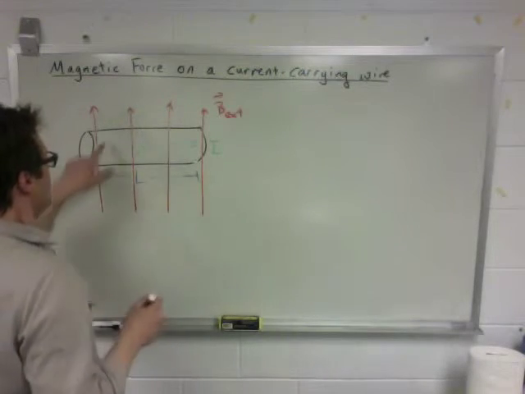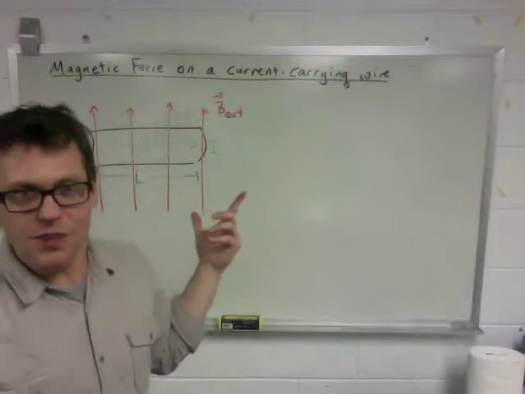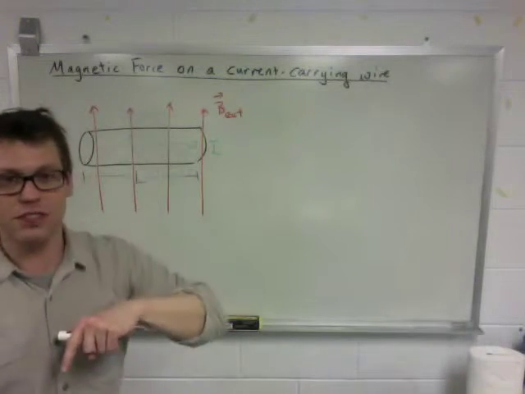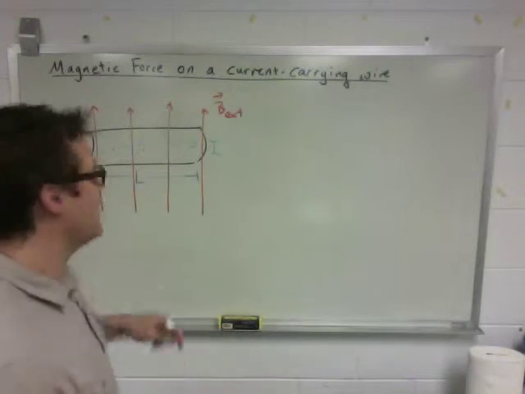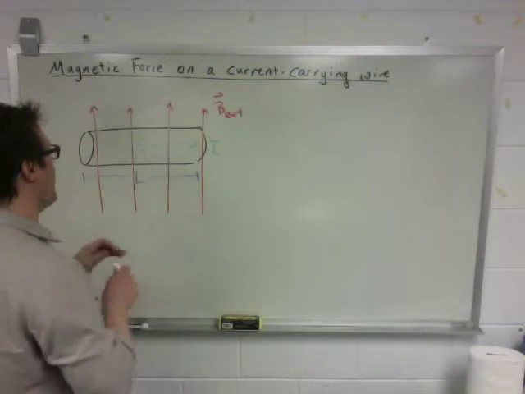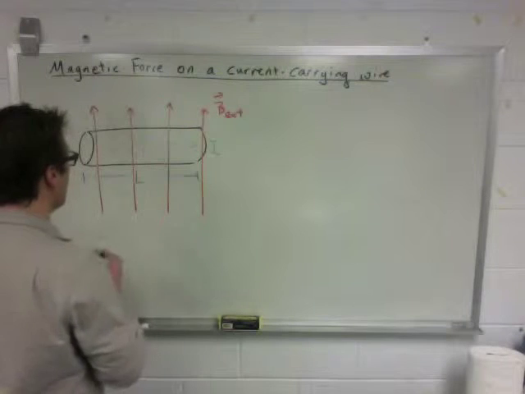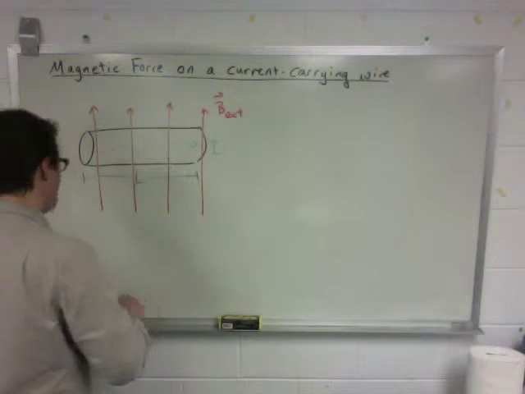So again, I can think of current as electrons moving this way or as little positive charges moving to the right. So for simplicity, let me just imagine that my wire has a bunch of little positive charges that are making their way slowly down the length of the wire with some speed.